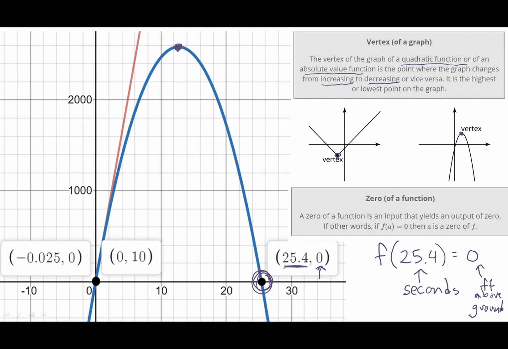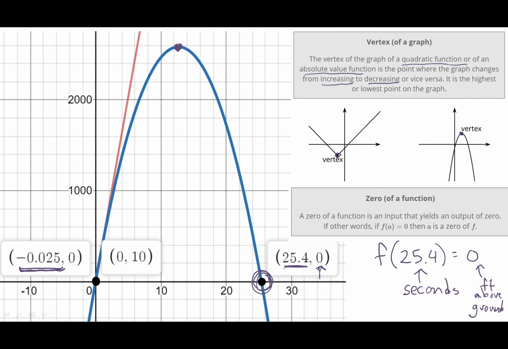Notice that even though this value has a positive time value, there is also a negative 0 for this particular function. It doesn't necessarily make sense in this situation to have our domain or our set of inputs be negative because our cannonball was launched at time 0 from a height of 10.